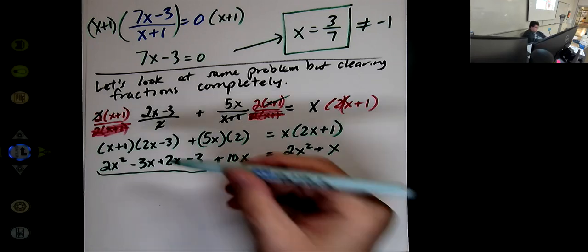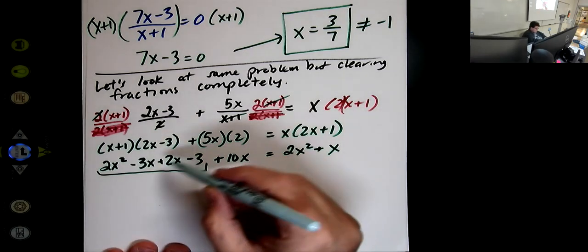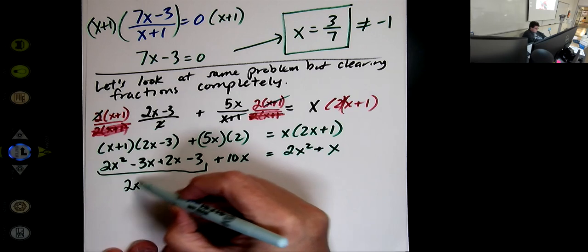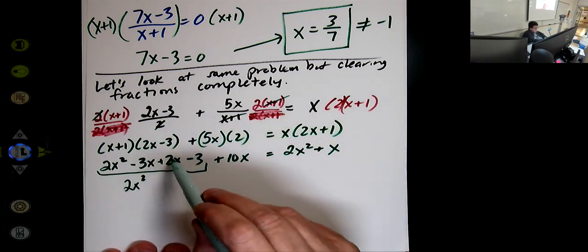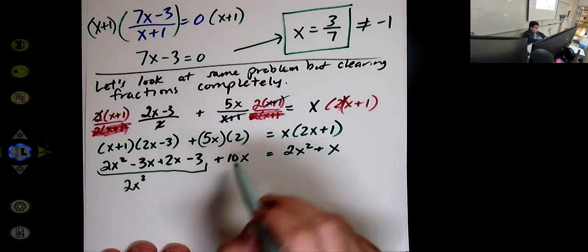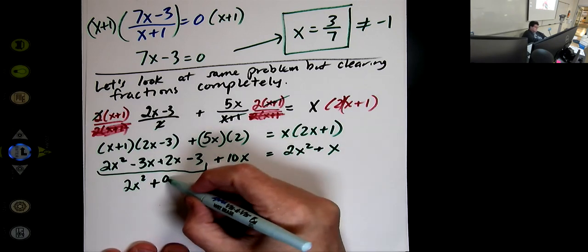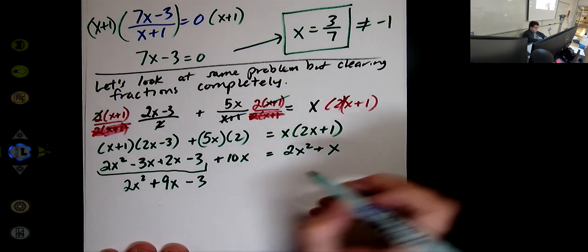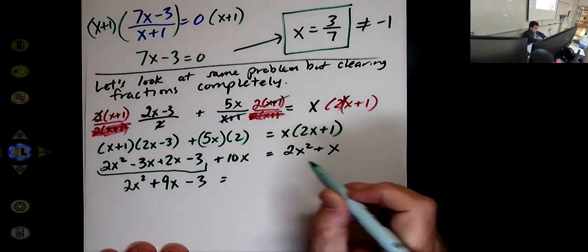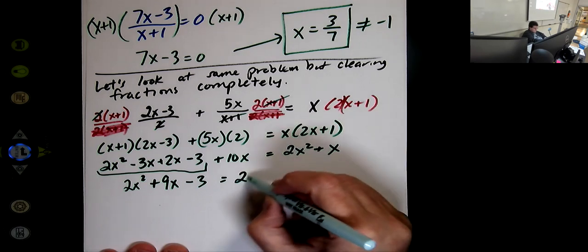Let's gather stuff together. I've got 2x squared, and then I've got minus 3x, plus 2x would be negative 1x, plus 10x is plus 9x. And then I've got minus 3, that's all the left side. On the right side, I have 2x squared plus x.